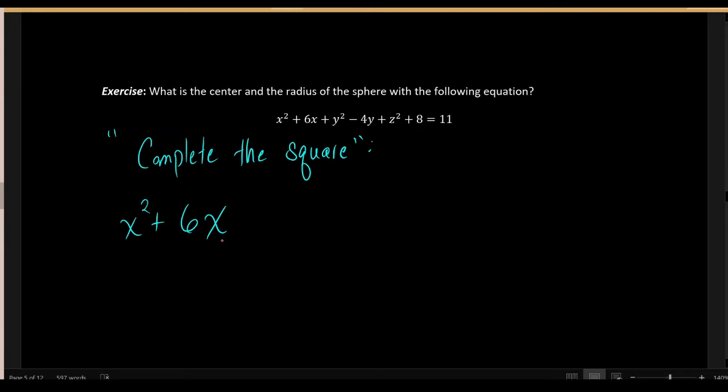To complete the square with the 6x, to tuck that quantity inside of a squared quantity instead of being outside in the open, the idea is to take the coefficient 6, cut it in half, and then square it. And then add and subtract it. Or if you prefer, add it to both sides.